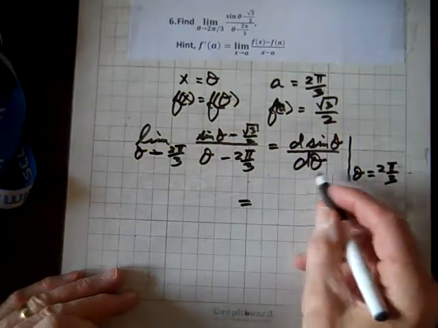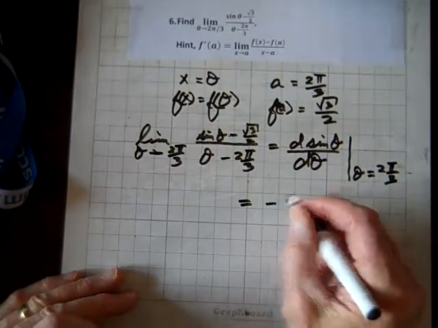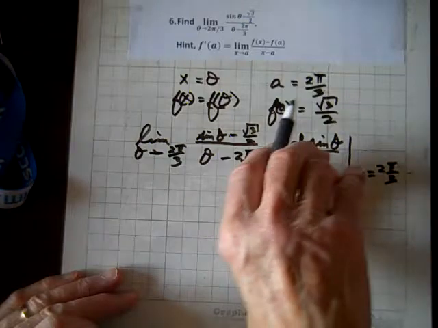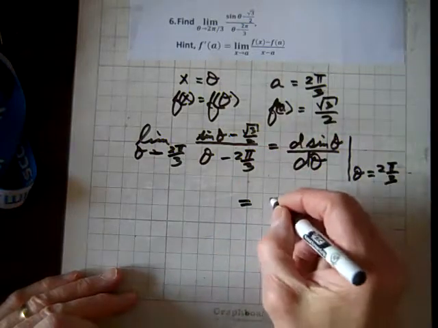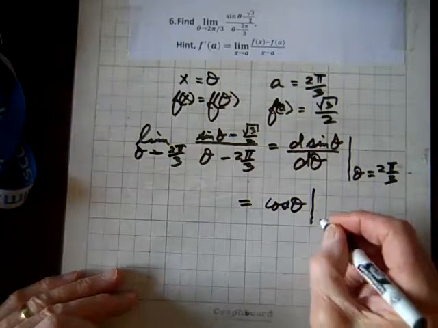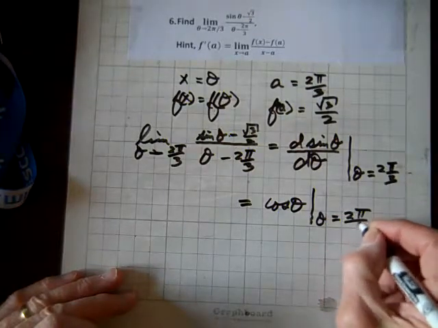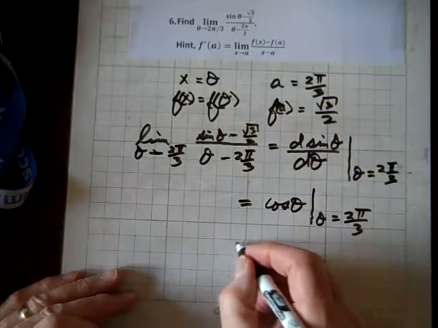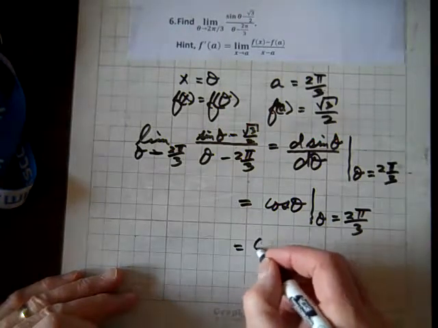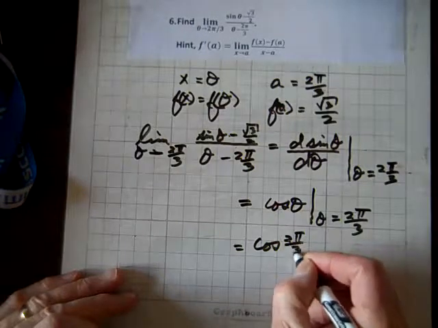Well, the derivative of the sine of theta is negative, not negative, beg your pardon, is the cosine of theta, and we are evaluating that at theta equals 2 pi over 3, which equals cosine of 2 pi over 3.